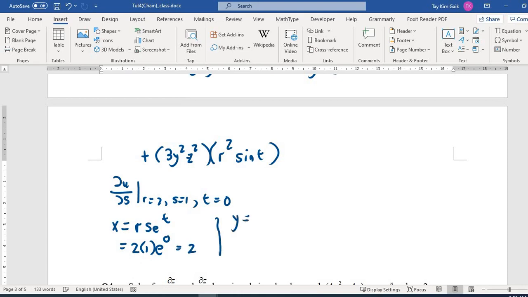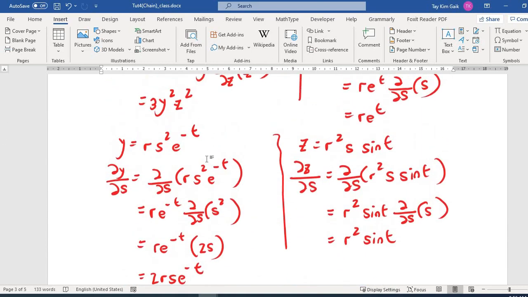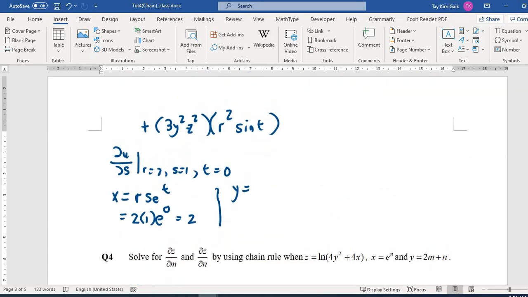What is the y value? Y is r s squared exponent negative t. Plug in r is 2, s is 1, so 1 squared and 1, exponent negative 0 is actually 1, so the answer is also 2.